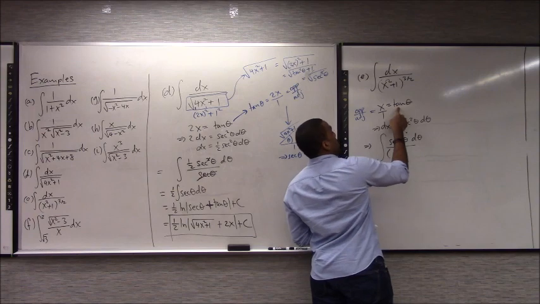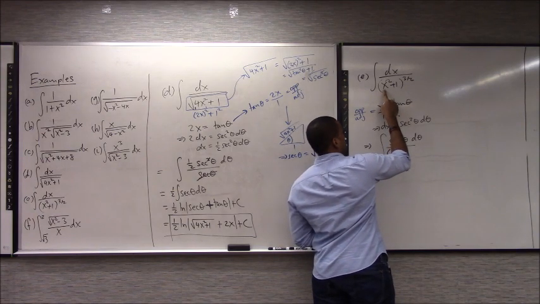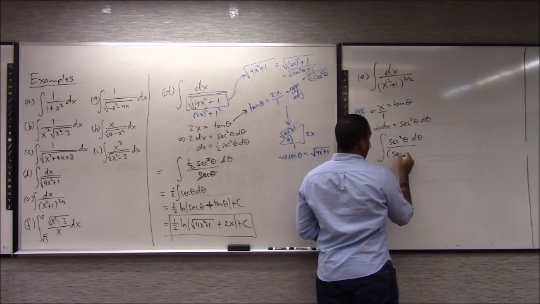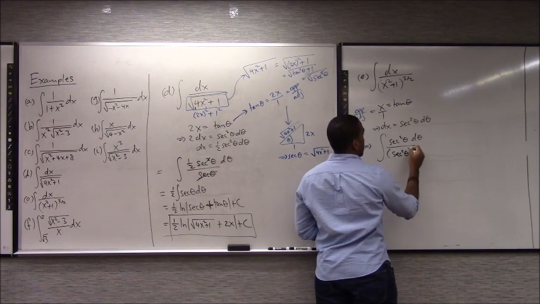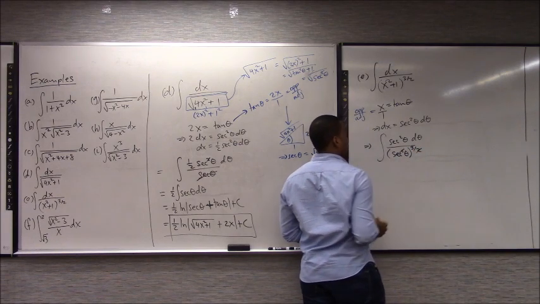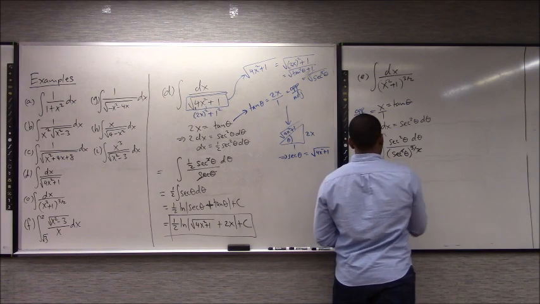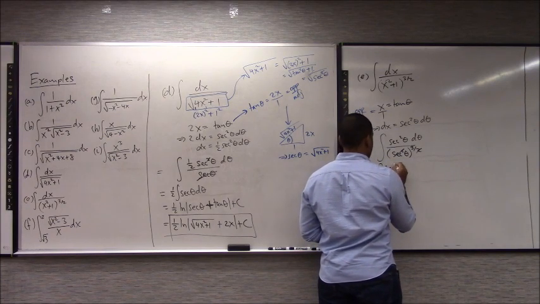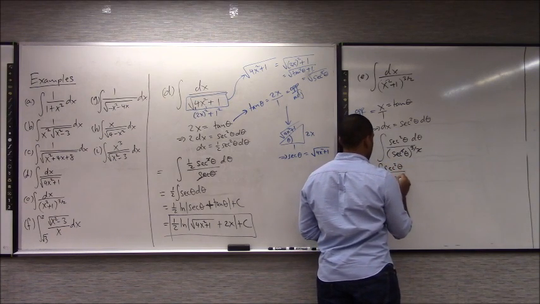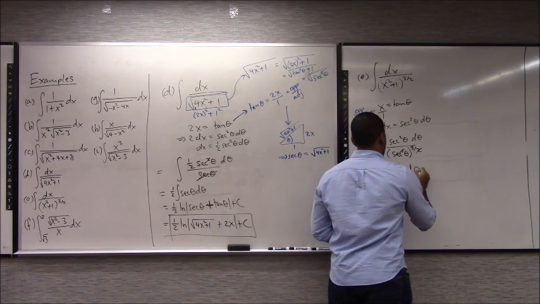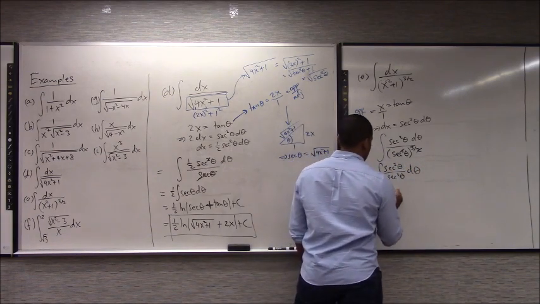So my x is tangent, plug it in there, I get tangent squared plus 1. That's my secant squared theta over 3/2. The 2's would cancel here, and so that's just secant squared over secant cubed. And that's just the cosine.